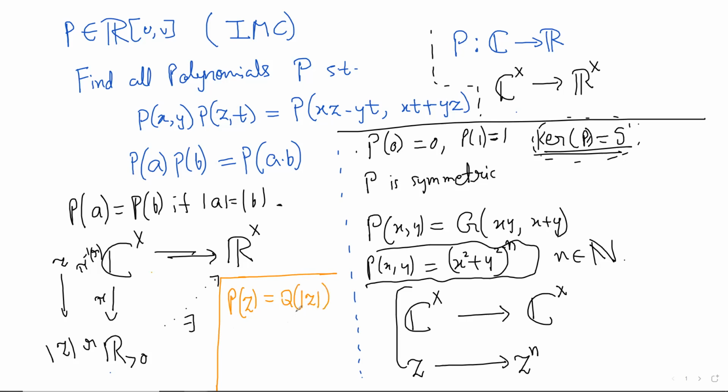Yeah, which is basically saying that P of (x, y) is equal to Q of (x squared plus y squared). So this much we get for free. And your functions, of course, satisfy these. But what do we do now?